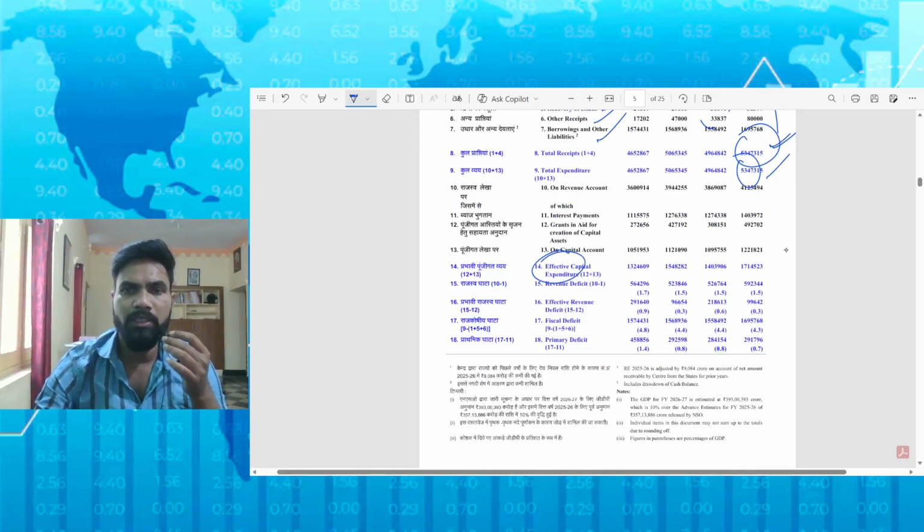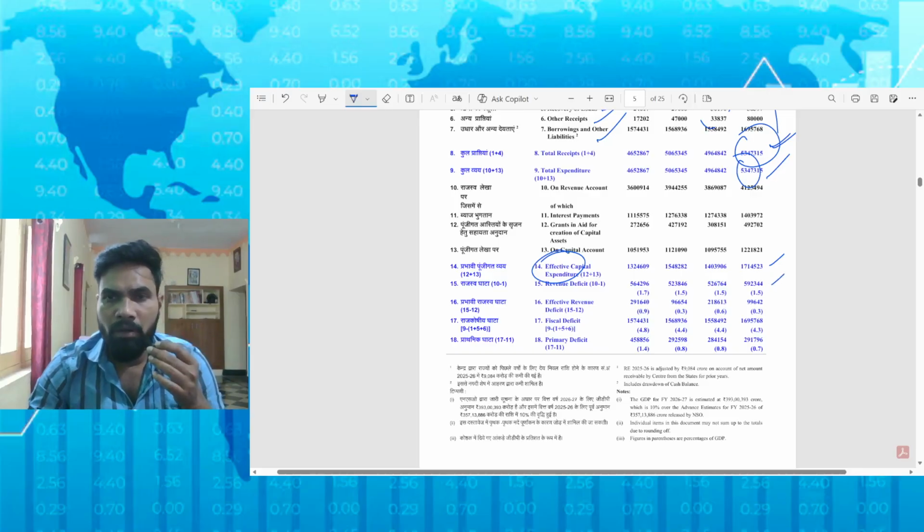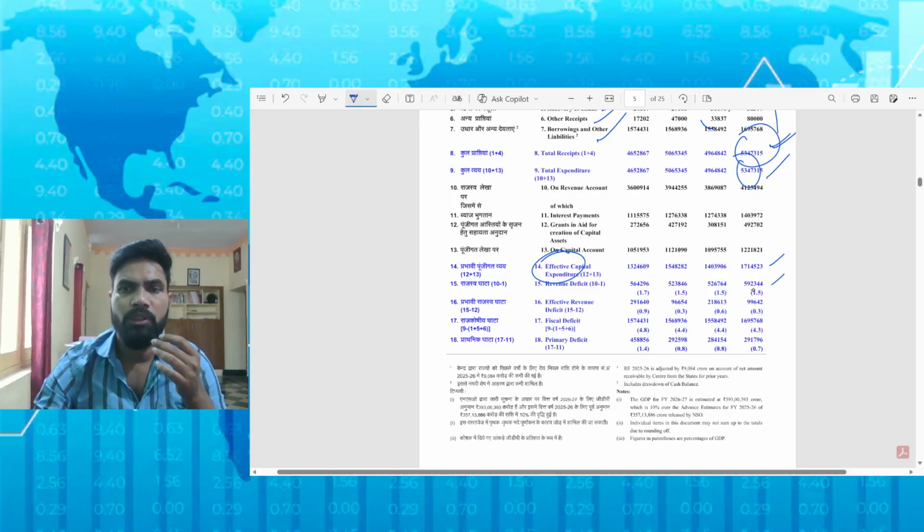Effective capital expenditure will be 17 lakh 14,000 crore rupees. Revenue deficit will be 5 lakh 92,000 crore rupees. As a percentage, it is 1.5% of GDP. Then the effective revenue deficit, which we have already seen, is 99,000 crore rupees, which is 0.3% of GDP.